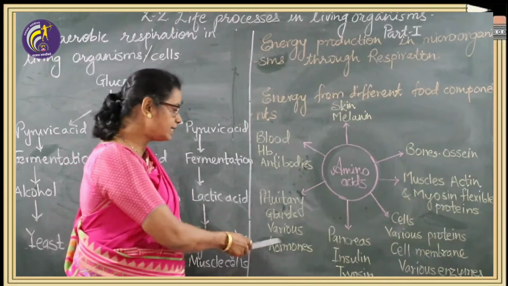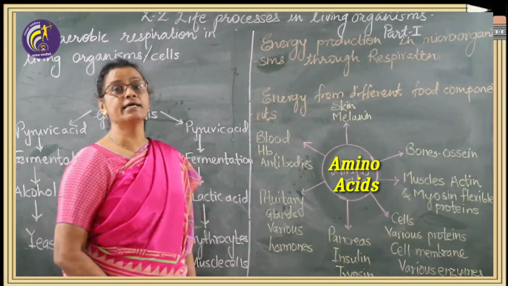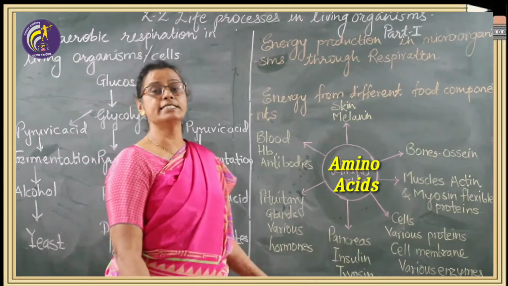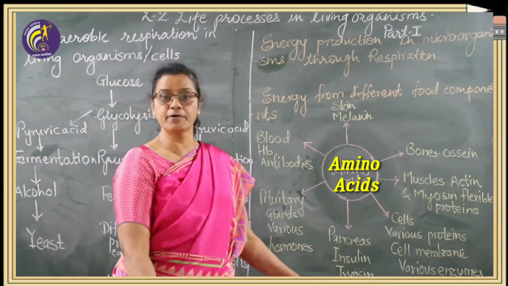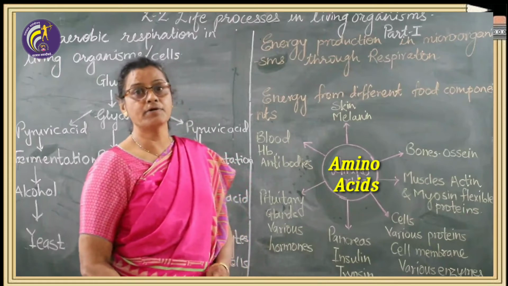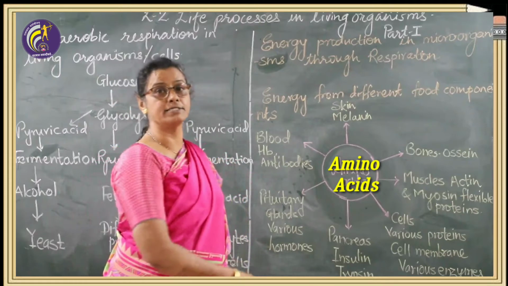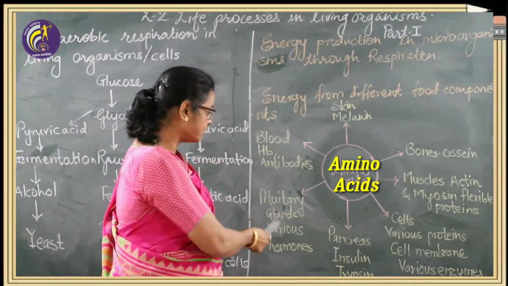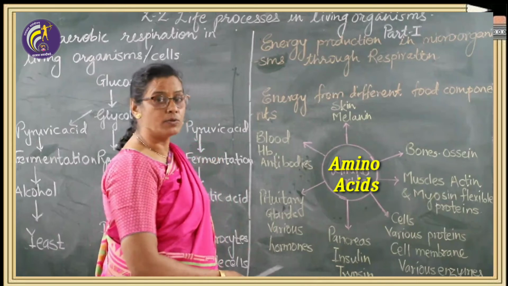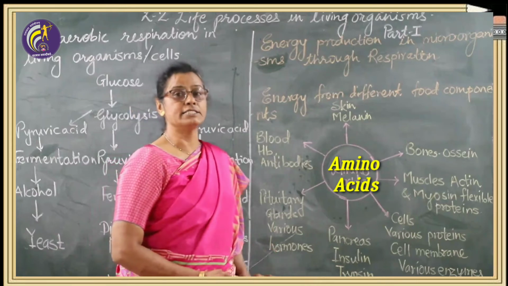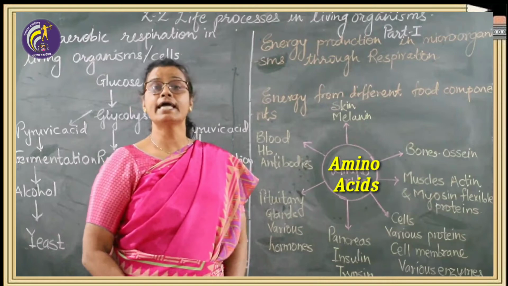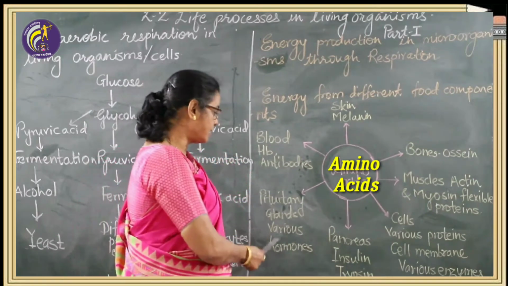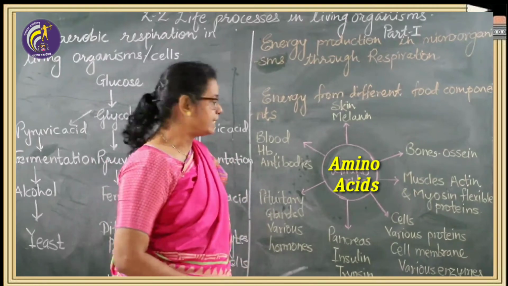So this pituitary gland is also producing various kinds of hormones, that is growth hormone, ACTH, adrenocorticotropic hormone, luteinizing hormone, oxytocin, and many more kinds of hormones, somatotropins, and all are produced by the pituitary gland. So all enzymes are proteins, but all proteins are not enzymes.